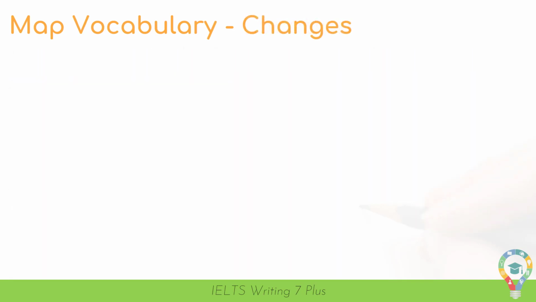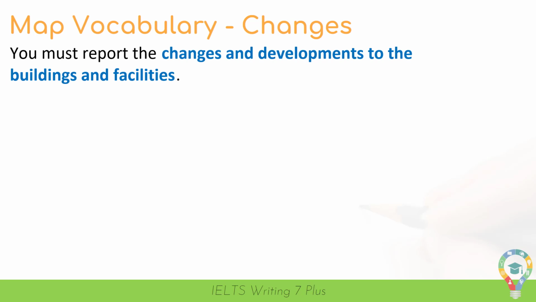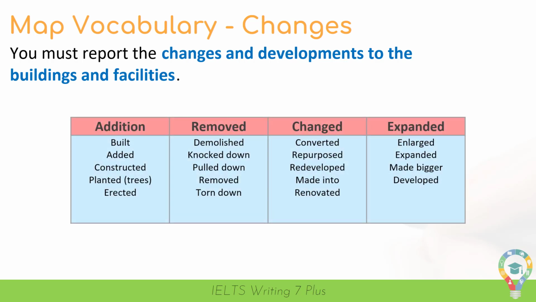So now we're going to move on to another really important section of language for reporting on maps. So you must report the changes and developments to the buildings and facilities, of course, that you can see on the given map. And here is a really useful table that you can use when writing or practicing to write your map report. So addition, things that are added. We have built, added, constructed, planted and erected.